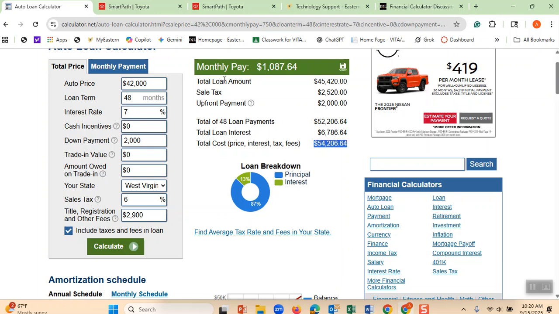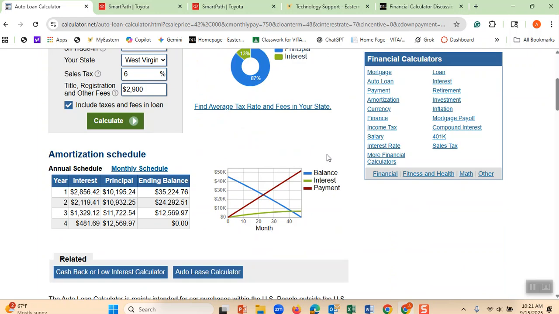The actual price of the car was $42,000, but you had to pay the interest. You put $2,000 here. You paid this, and therefore the total cost will be $54,000.